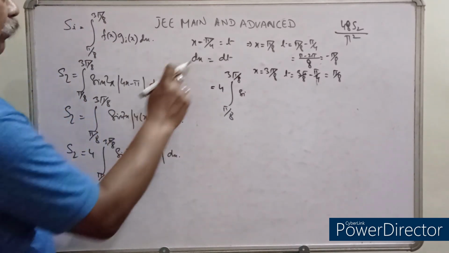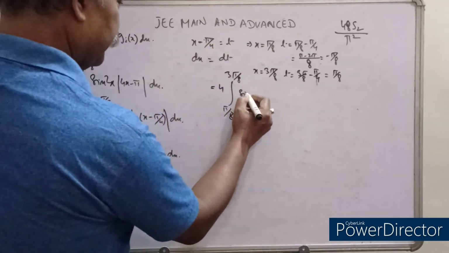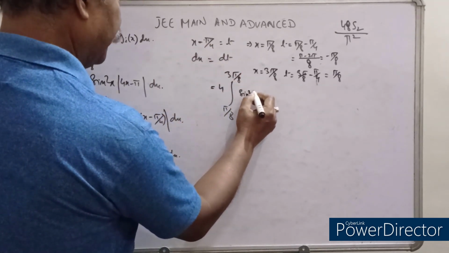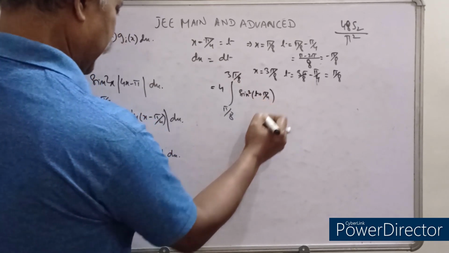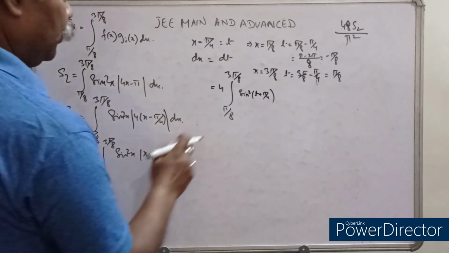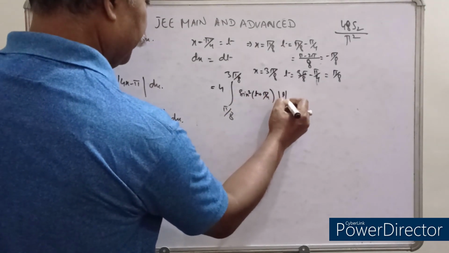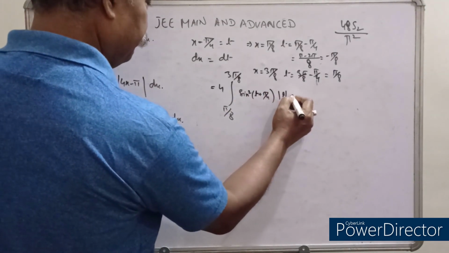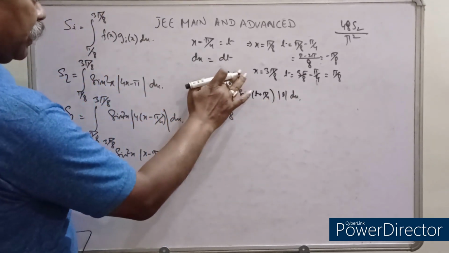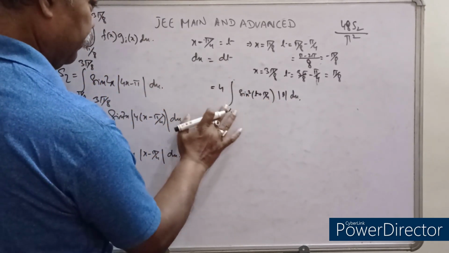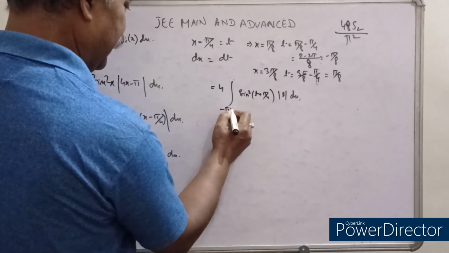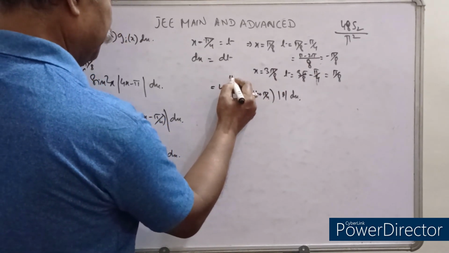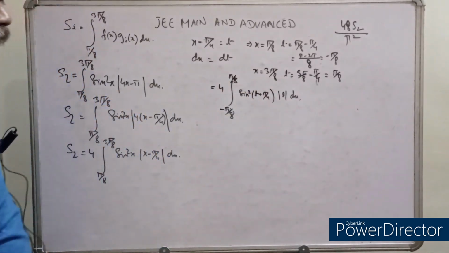Your x will be how much? t plus pi by 4, so sine square of t plus pi by 4, and this value will be modulus t, and dx is dt. Sorry, one thing, I have not converted this upper limit and lower limit. Your lower limit will be minus pi by 8 and your upper limit will be pi by 8. This you are going to get.